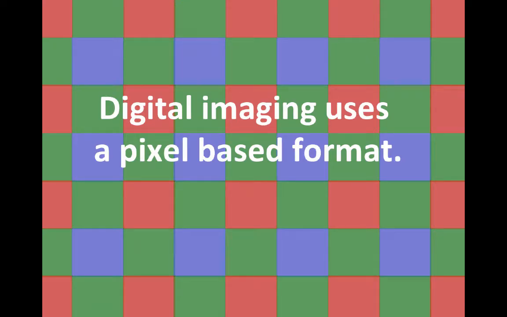If you look at a low-res image like the one you see on the screen here, you can actually see the pixels, those square little boxes. Pixel-based imaging is actually used in our photography. So digital imaging uses a pixel-based format.